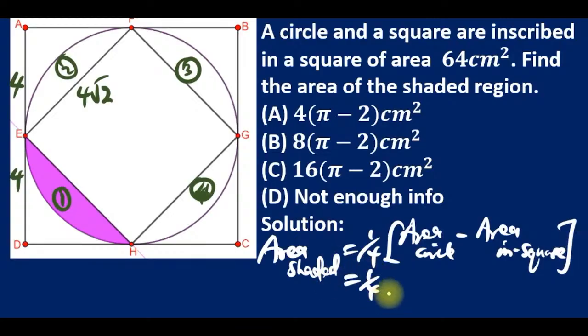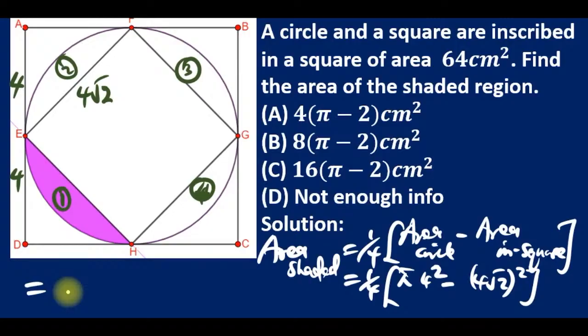So we have 1/4. Area of a circle is pi r squared, so pi times 4 squared, minus area of the square, which is 4 root 2 all squared.